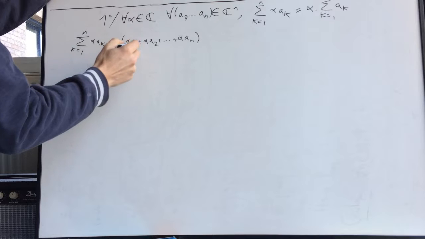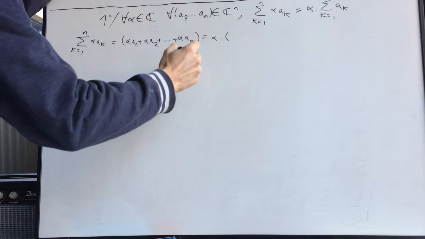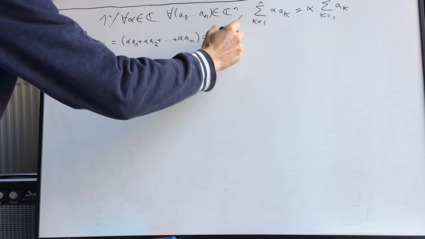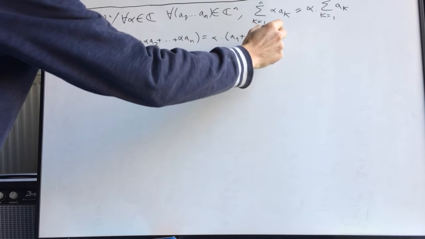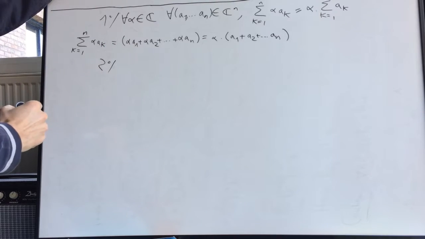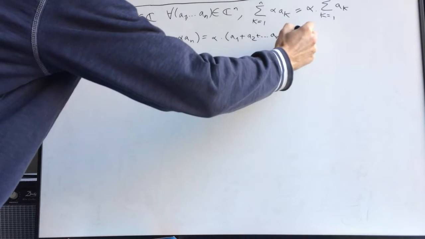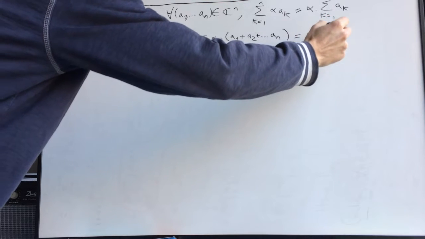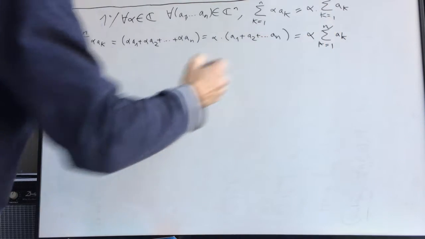In this expression I can factor by alpha, and so I get alpha multiplied by the sum a sub 1 plus a sub 2 plus and so on, a sub n. It's not finished, excuse me, and here we get alpha multiplied by the summation of a sub k, k equals 1 to n.